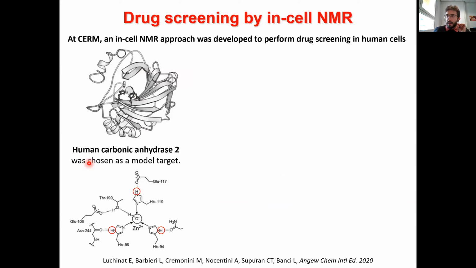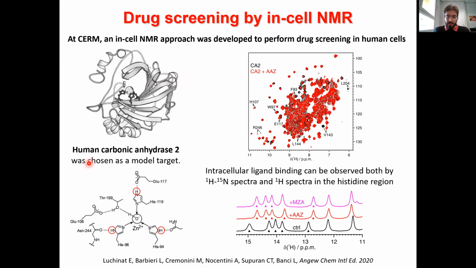They are actively targeted, with very active development of potential drugs. By expressing this protein, we assessed its behavior. The protein is well folded in cells and is free to tumble, so the R2 are not really affected by interactions inside the cellular environment. This means we can get very nice HSQC spectra, and we can immediately monitor ligand binding inside the cell.